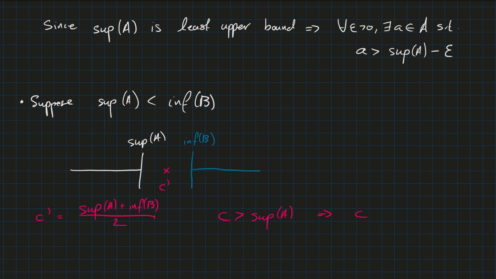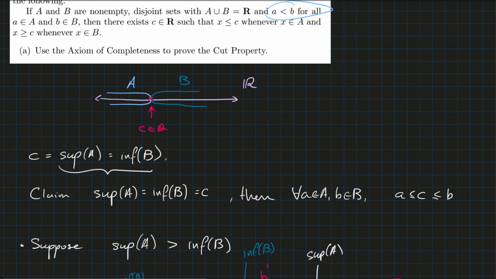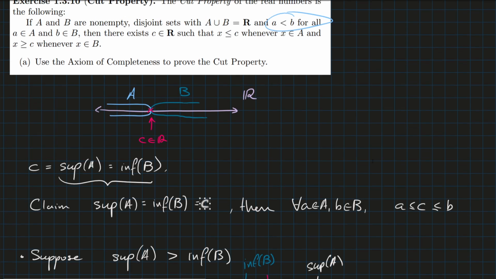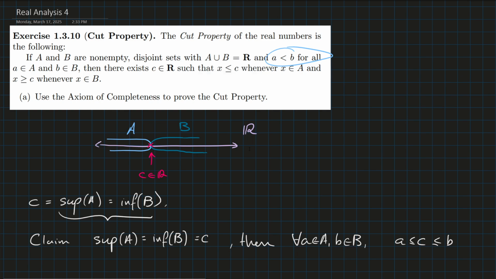Therefore, c is not an element of A. c is less than the infimum of B, which means that c is not in B, which contradicts the fact that we said that A union B is equal to R. And we are essentially done this side of the proof, because we've shown that the supremum of A must equal the infimum of B, and you can take that as some real number, and that real number there satisfies the properties that we want of the cut.